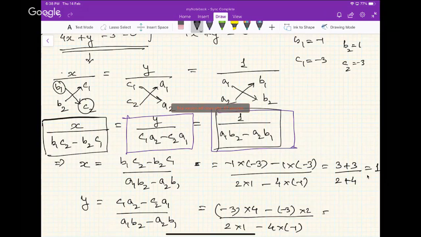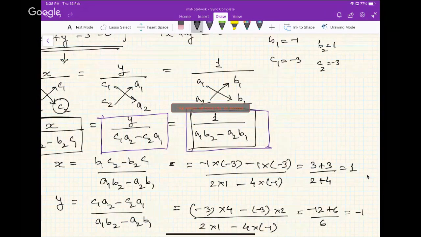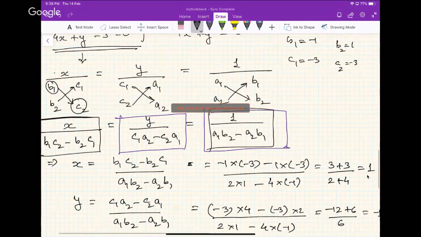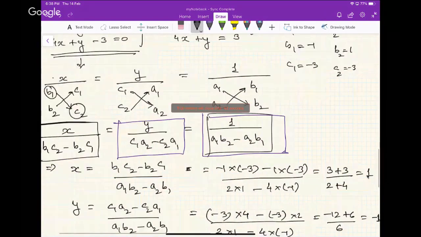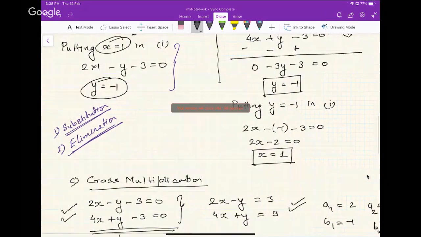This comes out to be minus 12 plus 6 divided by 6, which is nothing but negative 1. So in all three cases we got the right answer: x equals 1 and y equals negative 1. In all three cases, that is substitution, elimination, and the third, cross multiplication.